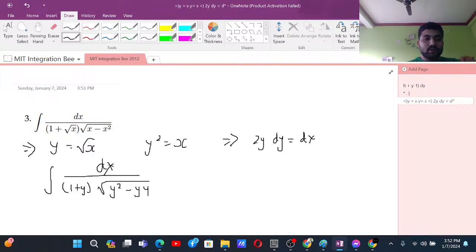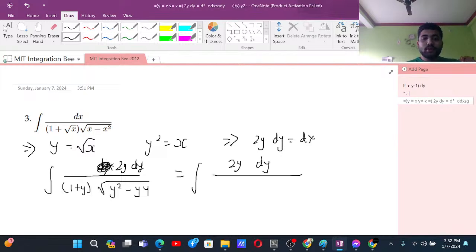So you can also change dx as 2y dy. Now what you can do is take y square common out from the denominator. So 2y dy by y plus 1, take the y out, and then root under 1 minus y square.